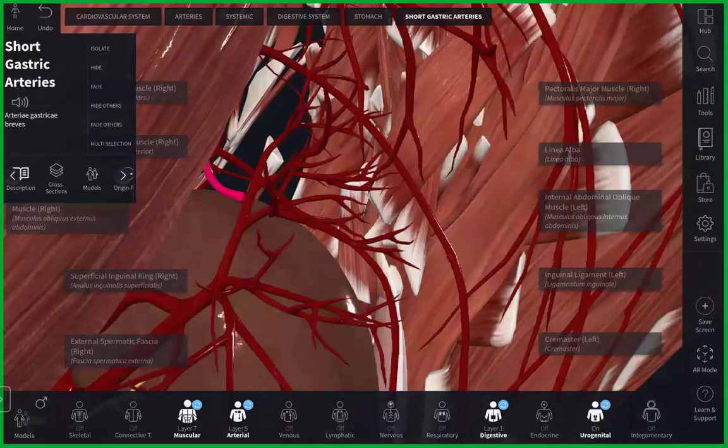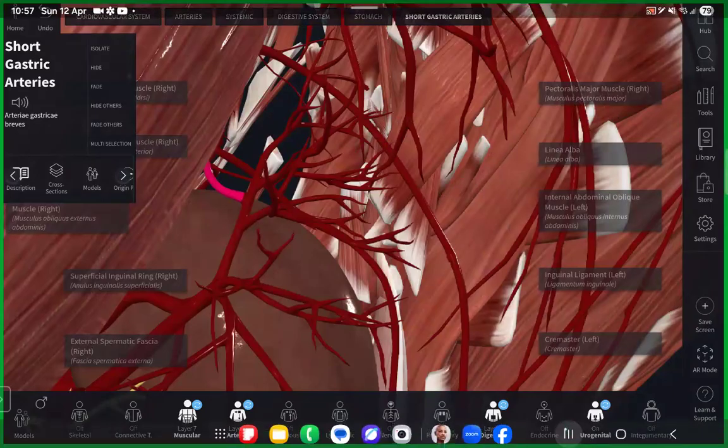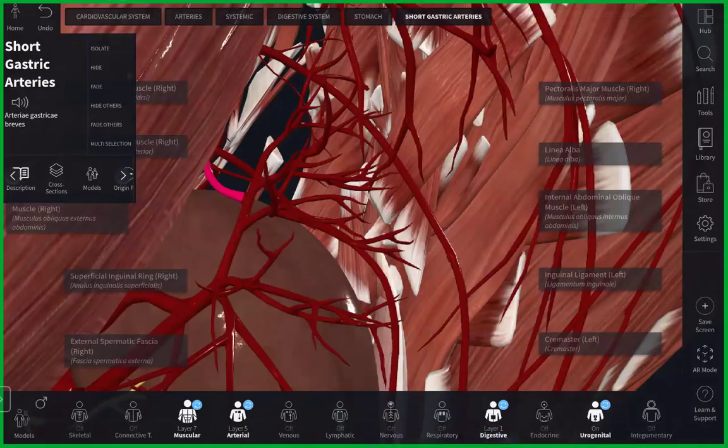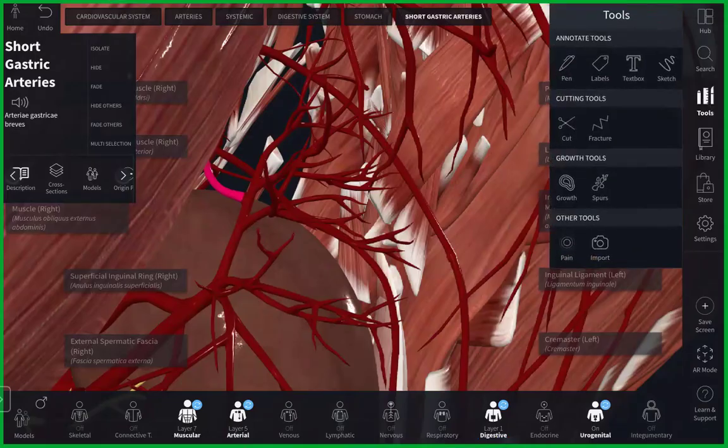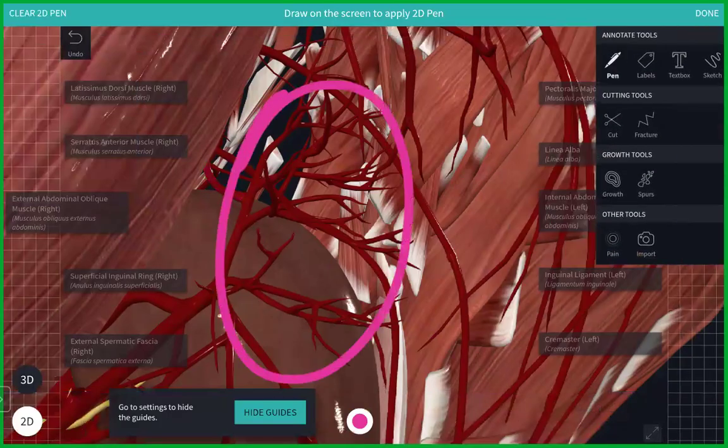Now see, if we get an injured spleen and we need to do a splenectomy, we have to ligate this splenic artery.